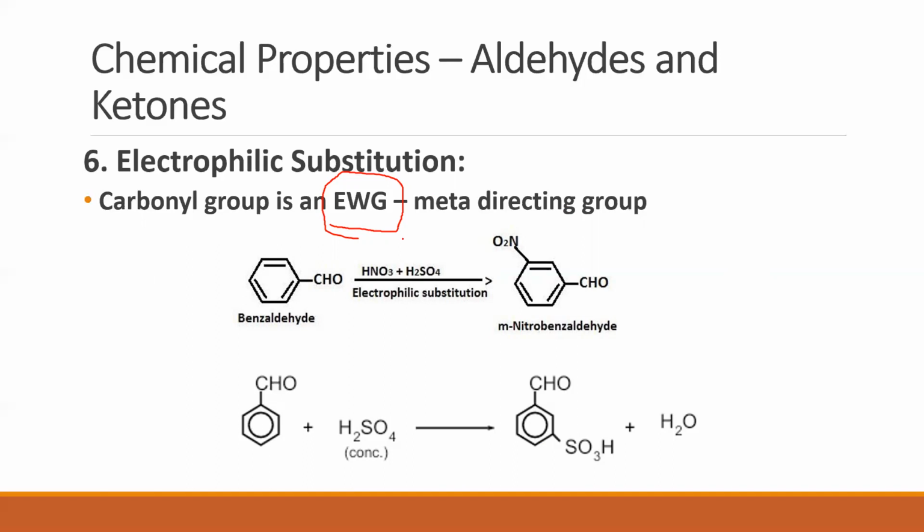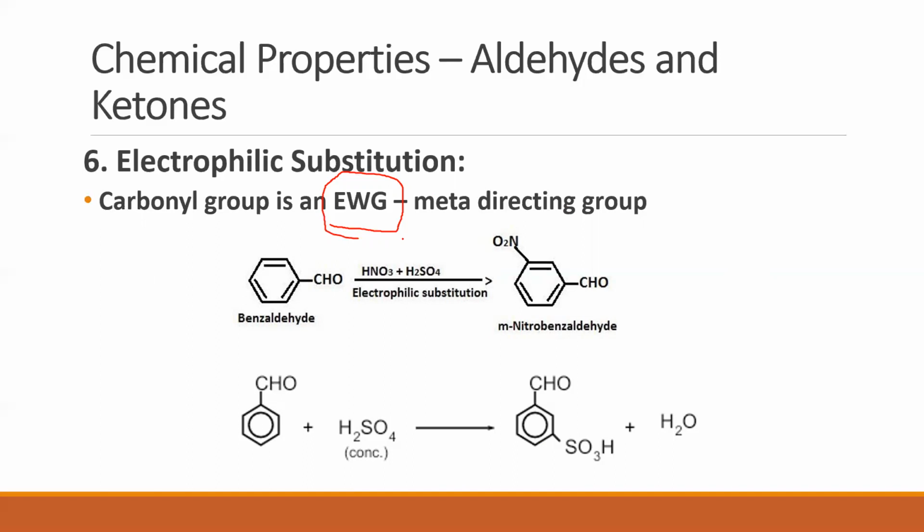Since electron density is high at the meta position, the incoming electrophile will be directed where? Yes, it will be directed towards the meta position. Hence, we get meta products. Got that? So this is one difference in carbonyl compounds with the other two compounds, haloarenes and phenols that we saw.